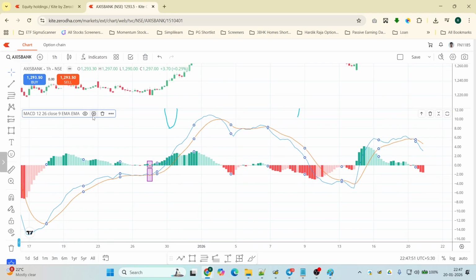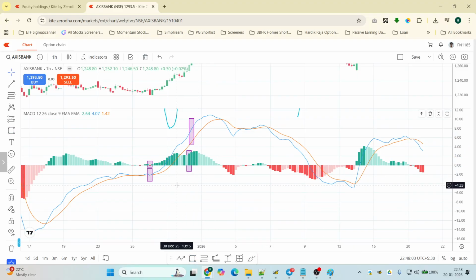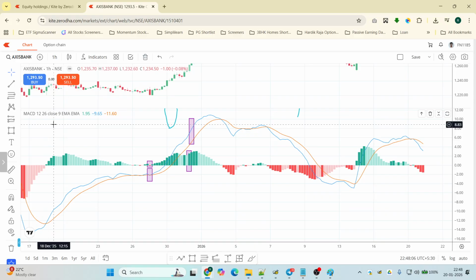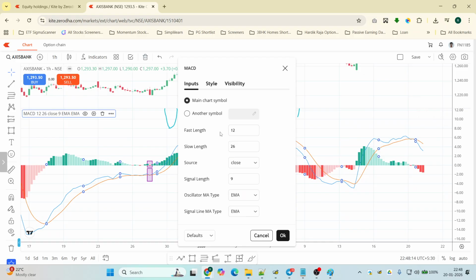How do we interpret this? We'll go to that next. Here you can see the distance is relatively high, so accordingly the histogram is also high. Now, how do we identify whether the trend is in a bullish or a bearish phase? For that we have to understand the signal line.